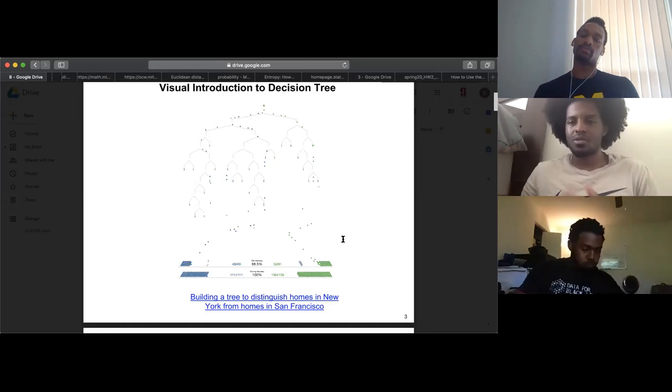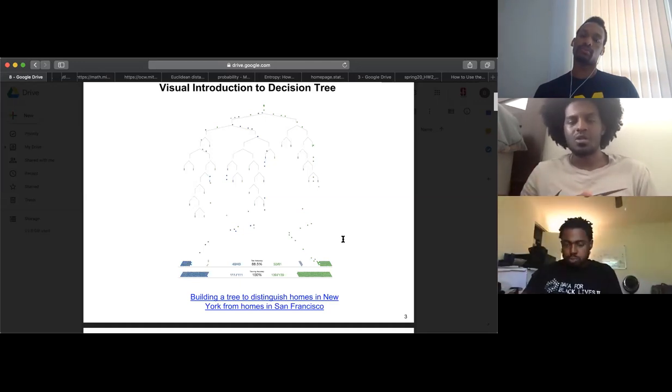You ask certain types of questions about certain features so that it helps you group rows of data. So, I might ask, does the home have a basement or not? And then I would group my data.